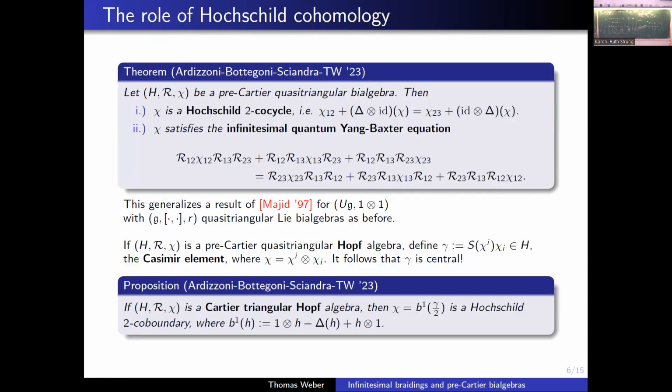Okay, maybe the first non-trivial theorem in this setting is the following. So take a triple H, R, chi, then you can show that chi is automatically a Hochschild 2-cocycle, which just means that this here is satisfied. And furthermore, you show that what we call the infinitesimal quantum Yang-Baxter equation holds, which is written here.